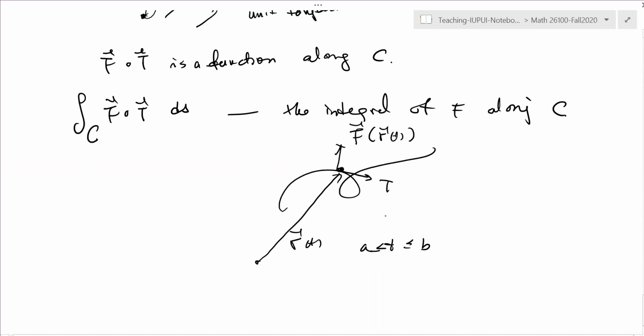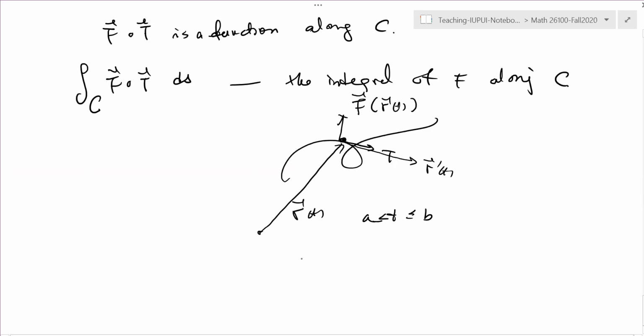The tangent vector, if I differentiate r, I get r prime of t, which is probably pretty long. So if you want the unit tangent vector, you have to normalize it. Right.